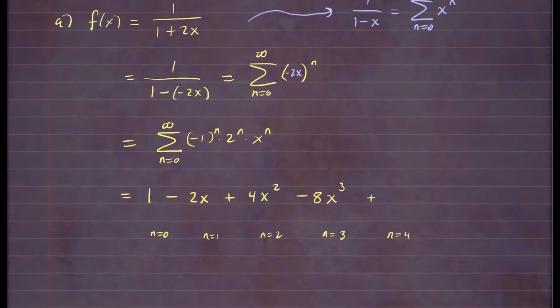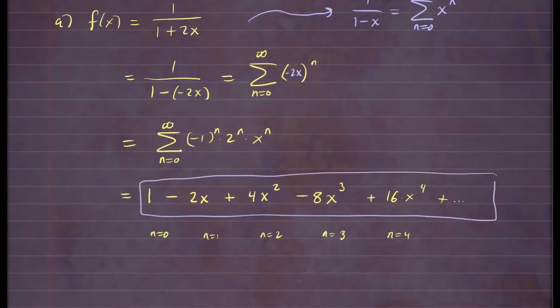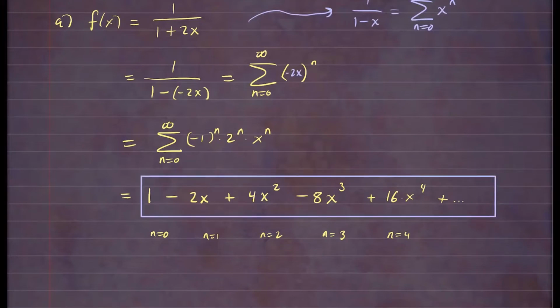Negative 1 to the positive 4 will be positive 1, and then 2 to the fourth power will be 16, x to the fourth, plus dot, dot, dot. Of course, there are more terms. We just need the first 5 terms. So that will be our answer to part A, the first 5 terms of this series.